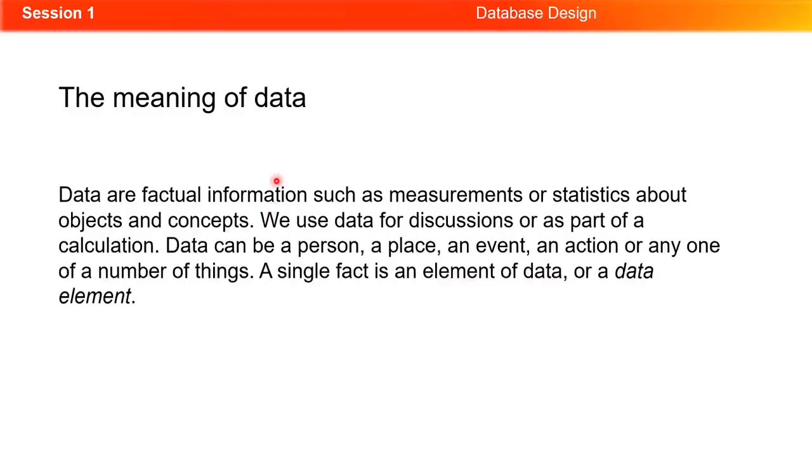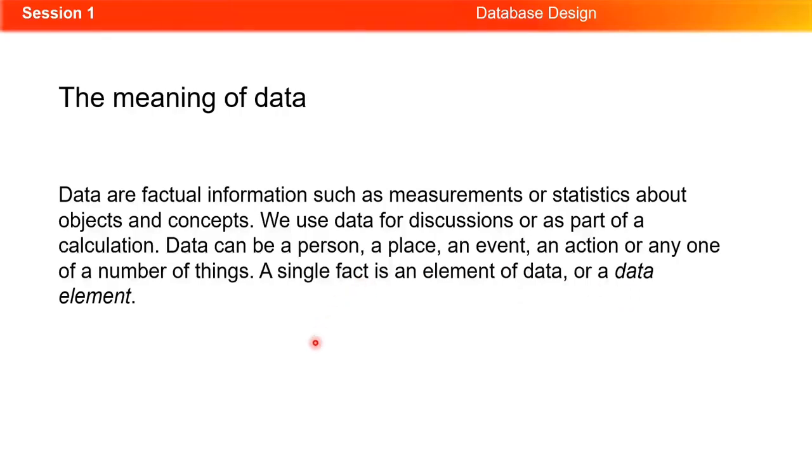So, the meaning of data. Data is factual information, such as measurements, statistics, names, attributes. We use data for discussions or as part of a calculation. Data can define a person, a place, an event, an action, or just about anything.